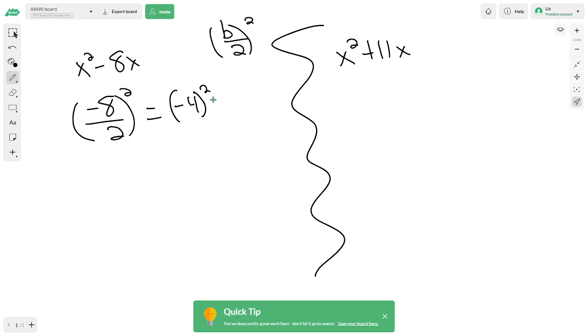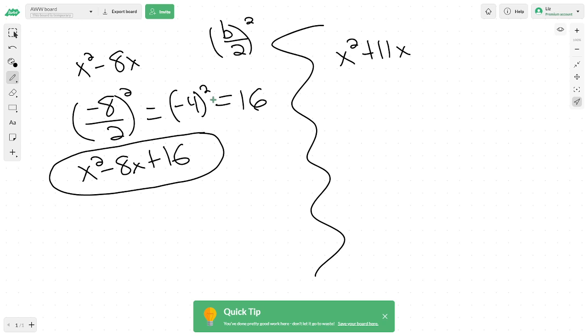We still have that squared there. And negative 4 squared is 16. So to complete the square, this is what I'd have to do. x squared minus 8x plus 16. And that would be the same as x minus 4 times x minus 4, or x minus 4 squared.